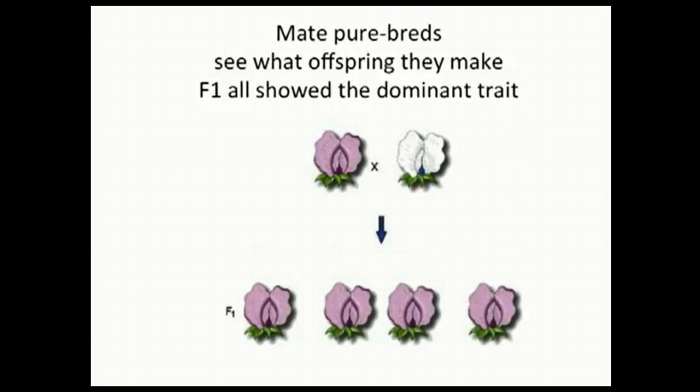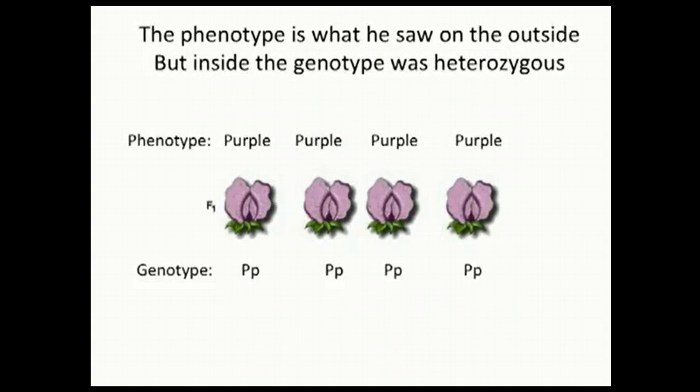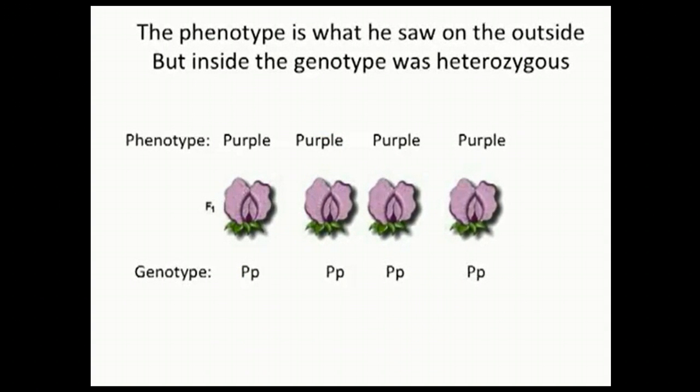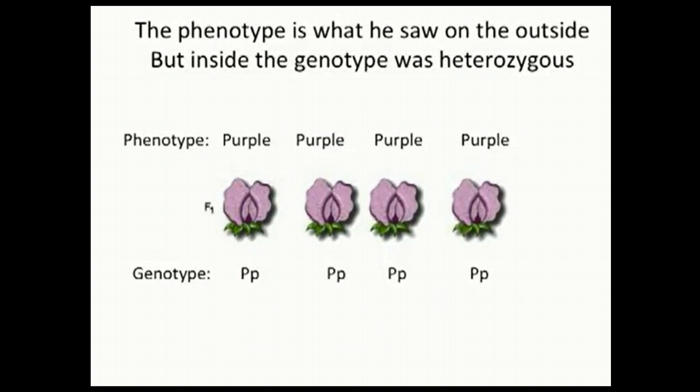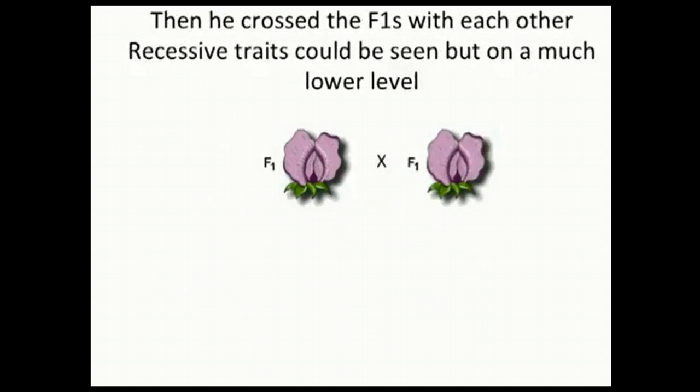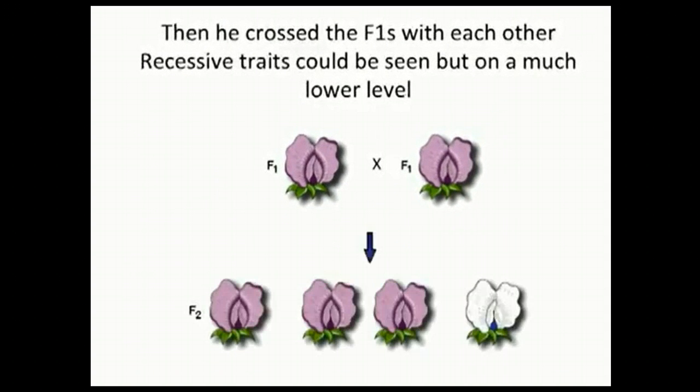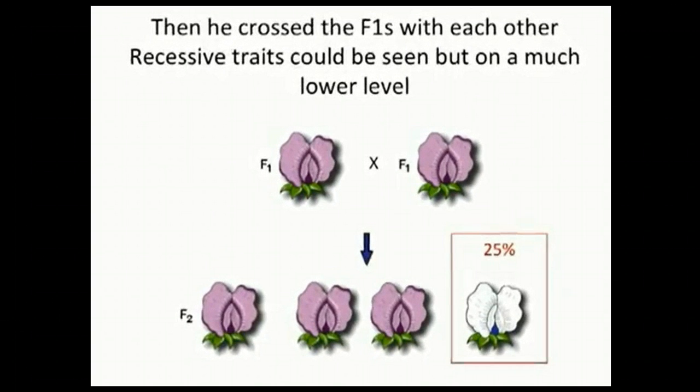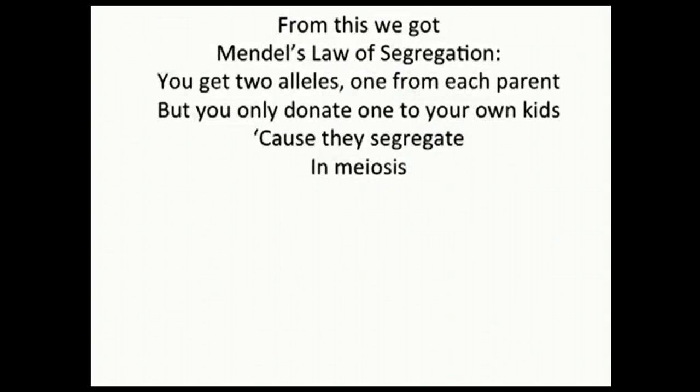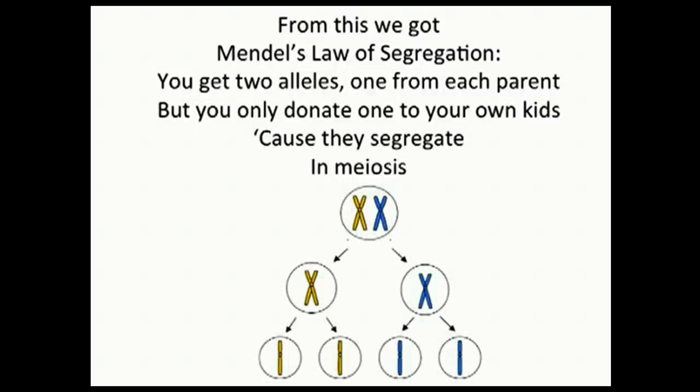F1, all show the dominant trait. The phenotype is what he saw on the outside, but inside the genotype was heterozygous. Then he crossed the F1s with each other. From this we got Mendel's law of segregation. You get two alleles, one from each parent, but you only donate one to your own kids, cause they segregate in meiosis.